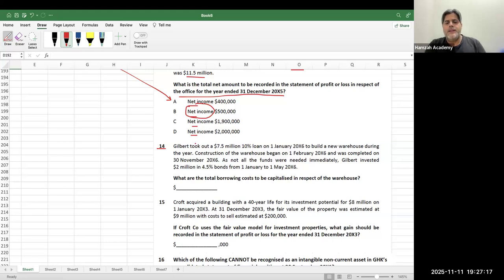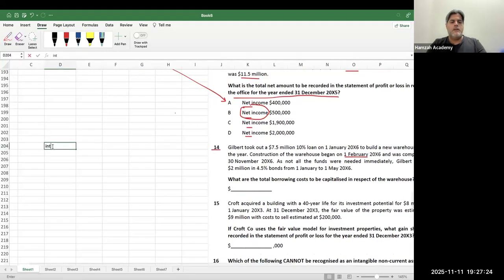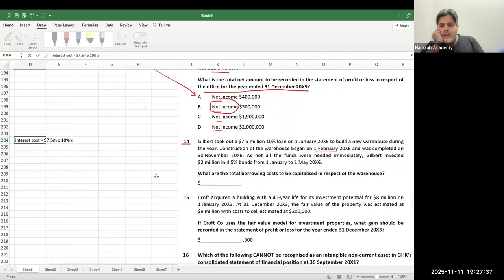Okay. Now, when did the construction of the warehouse begin? It began on 1st February. So my interest cost is going to be 7.5 million into 10% into, I got completion on 30th November.